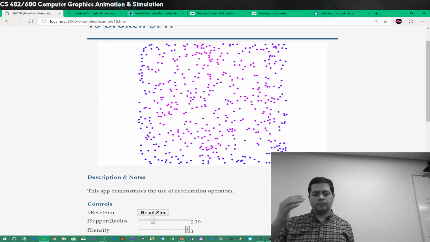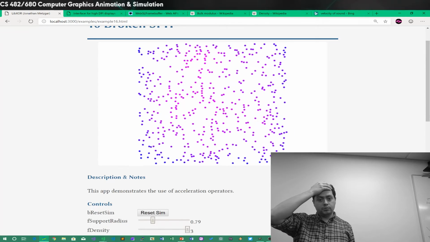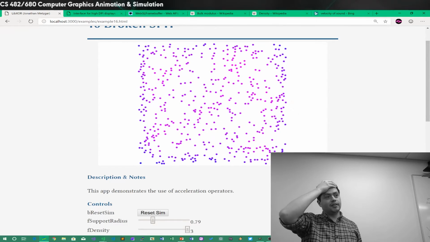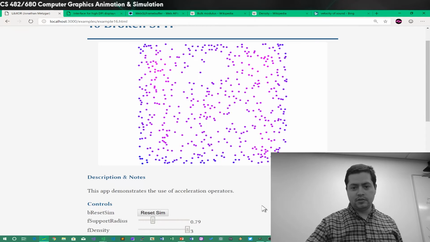Now, I believe this pattern, what'll happen with this one is that they're going to form little tiny groups off on their own.